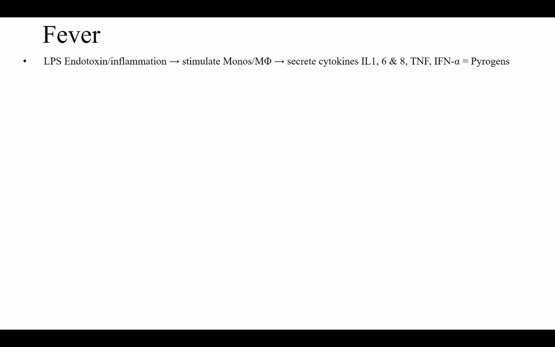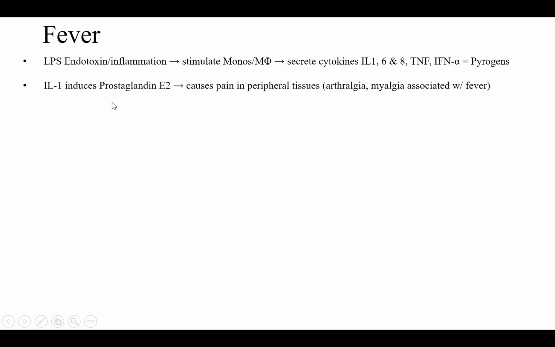Fever: anytime you have gram-negative endotoxin lipopolysaccharide, LPS, that stimulates monocytes and macrophages, and these macrophages secrete cytokines, especially IL-1, IL-6, TNF alpha, and IFN alpha, and these are called pyrogens.